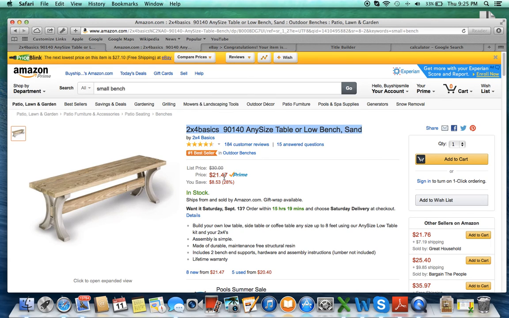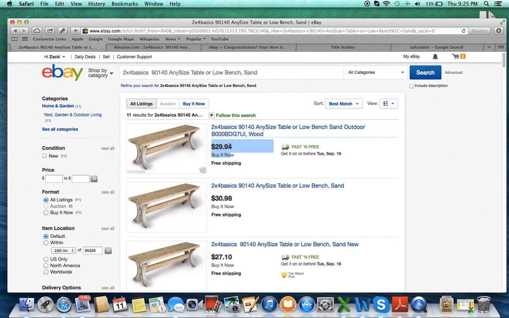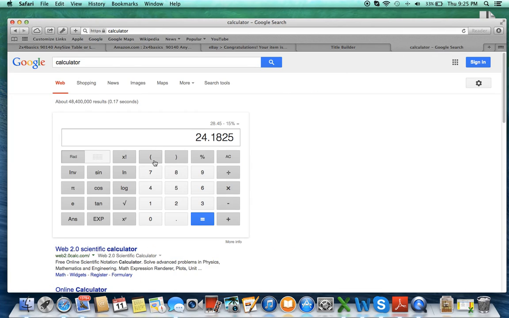So 21.47, we know that we're going to need to sell it for about $29 or so to make a good profit. Here's one, $29.94. Let's go ahead and check that, make sure that that is indeed a profit. Okay, 25.44.